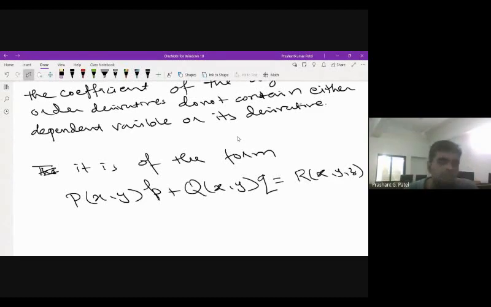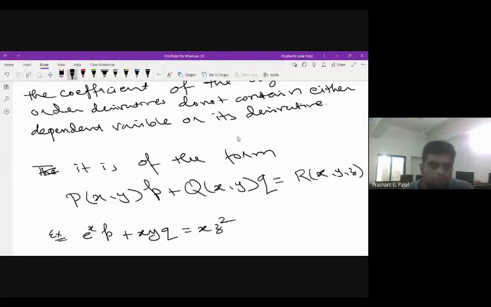R may be a function of xyz, but as per the definition, the coefficient of p and the coefficient of q will be independent of z and its derivative. For example, e power x into p plus xy into q is equal to x into z square is an example of a semi-linear partial differential equation.